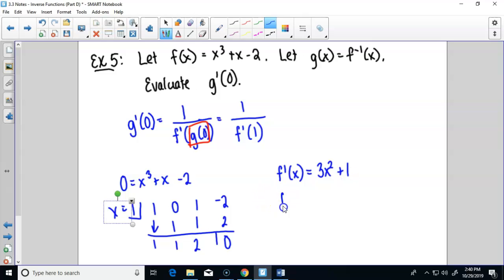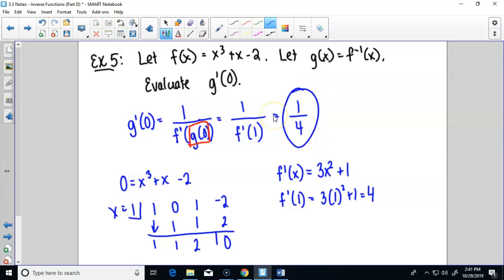And so then we have to find F prime of 1, which will be 3 times 1 squared plus 1. And when we do that, we will get 4. So we're going to get 1/4. That'll be our answer. So that one's just a little bit of a review because it's like last night.